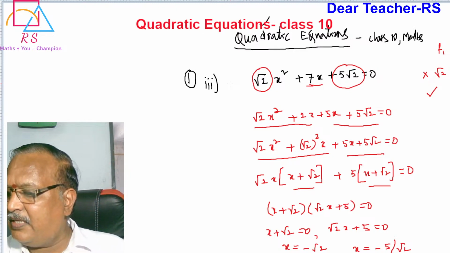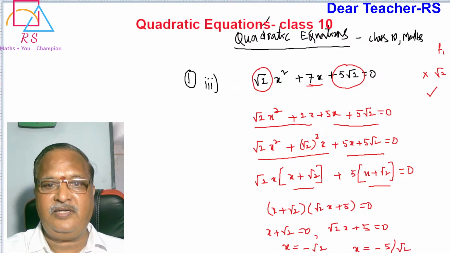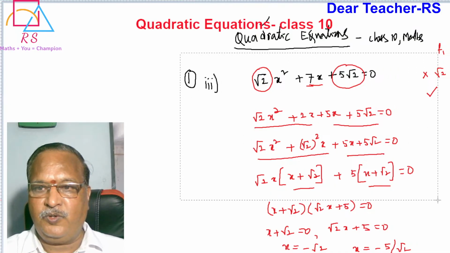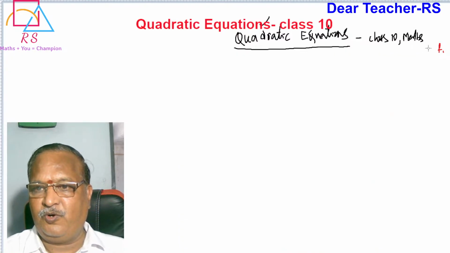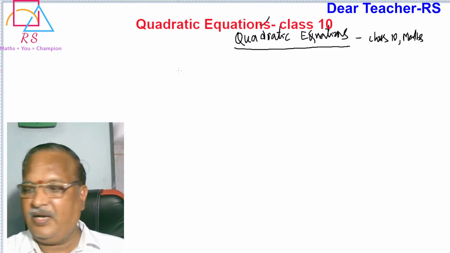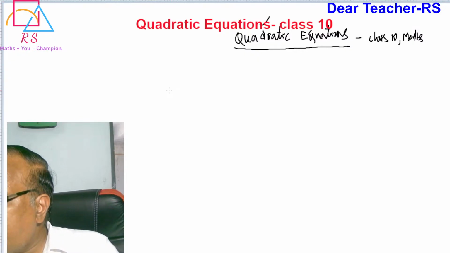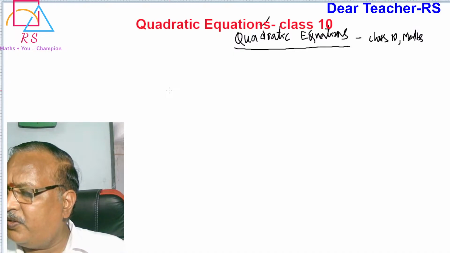So now third, 4, 5, 6, I will do one question for you, my dear children, because they are word problems. Most of the students will be worried by seeing the word problems. No need to get worried. You just have to understand the word problems and do it. So in this, the first 2 are very simple and very important also.